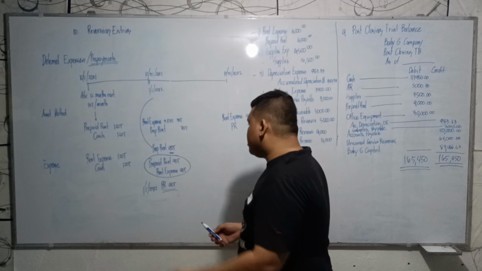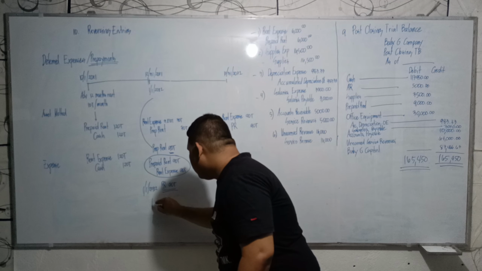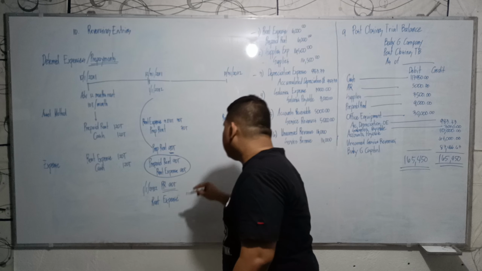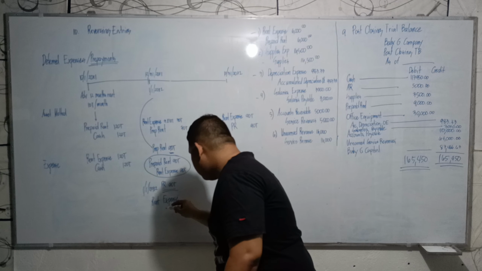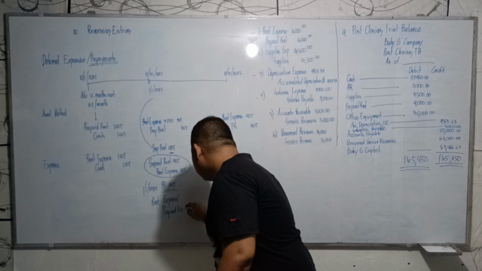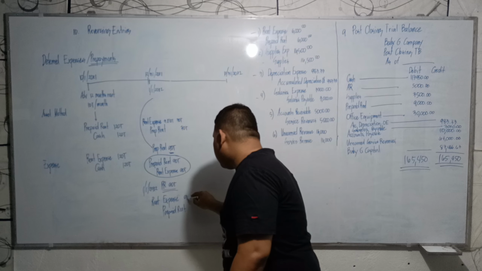So on 1/1/20x2, if you reverse that, you have rent expense and then you have to credit prepaid rent, 90,000.